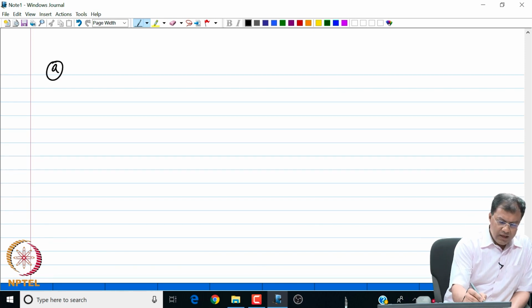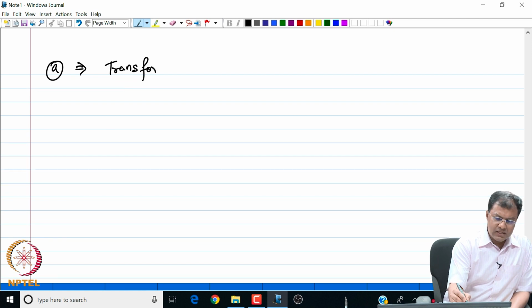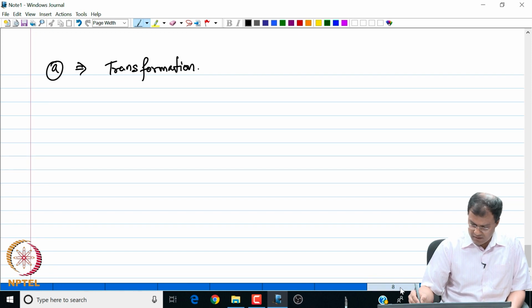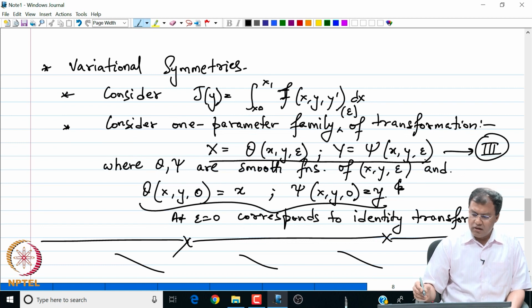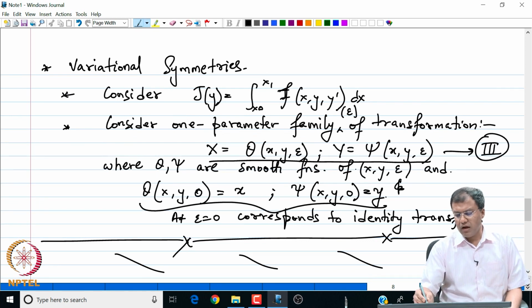So, A implies that the transformation given by 3 — well, what is 3? That is what we began with. We are always going to refer to our most general form of transformation by expression 3.